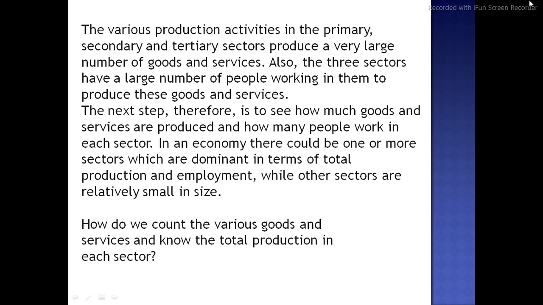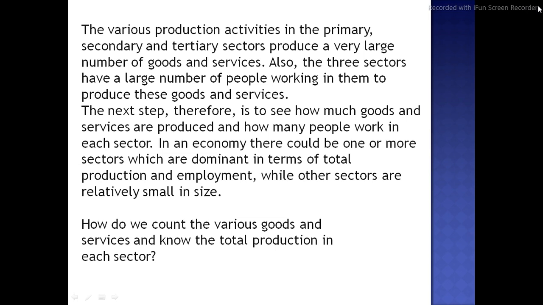In an economy, there could be one or more sectors which are dominant in terms of total production, or we can speak about employment, while other sectors are relatively small in size. So dear cadets, here we are going to compare the three sectors, primary, secondary, and tertiary. As we have seen, in all three sectors there is production of goods and services, and a huge number of people are working in them.